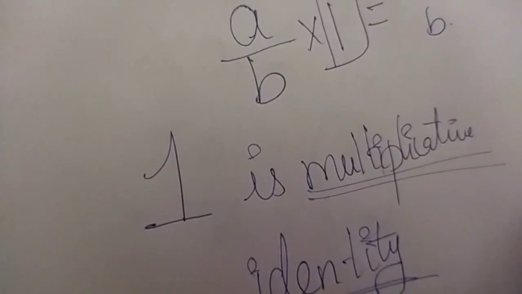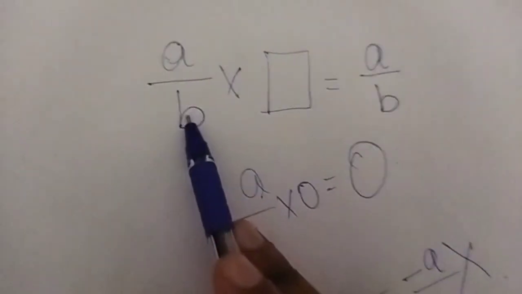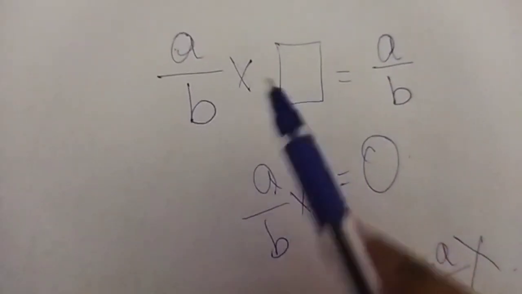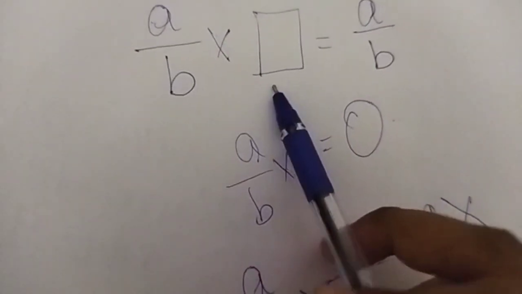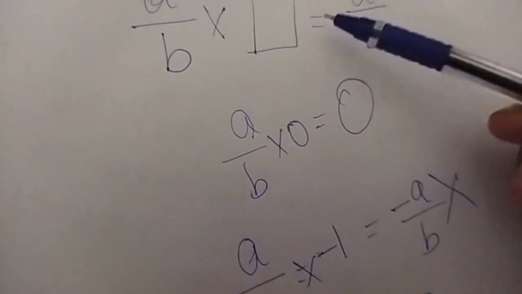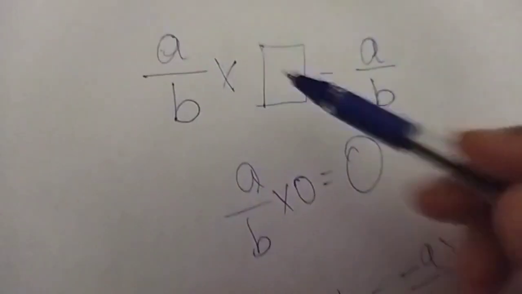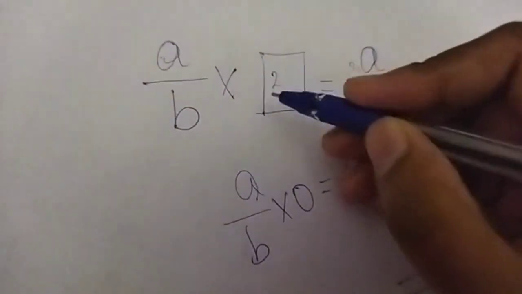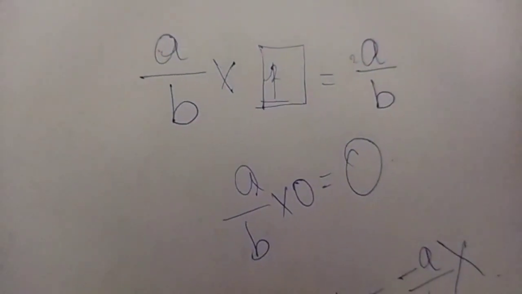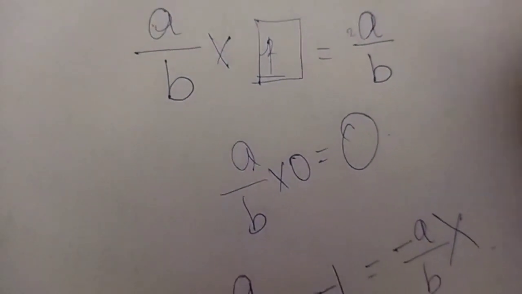Multiplicative identity means if you multiply the given number with 1, you should get again the same number. So this is only possible if that number is equal to 1. If you put 2, you get 2a by b. So this is not possible. 1 is the only number that gives the same number as product.